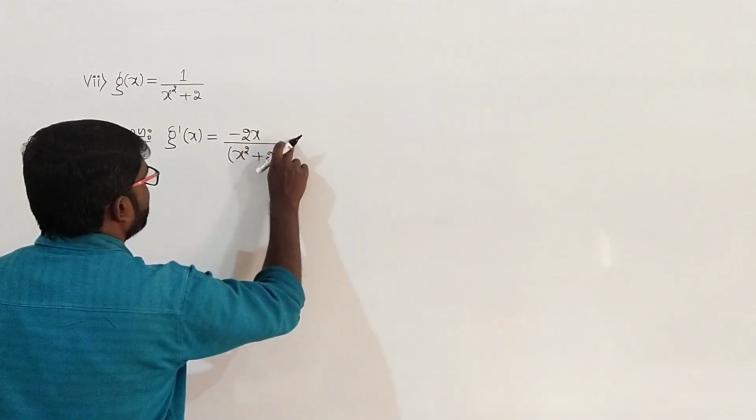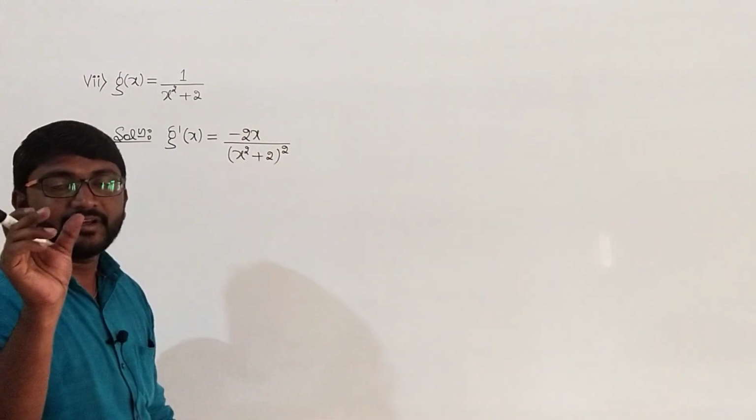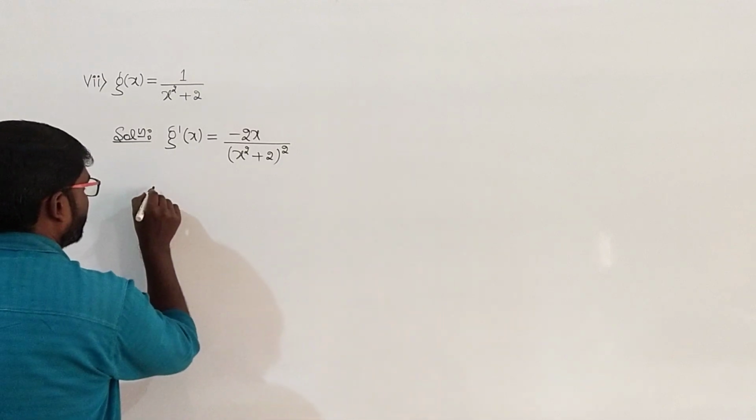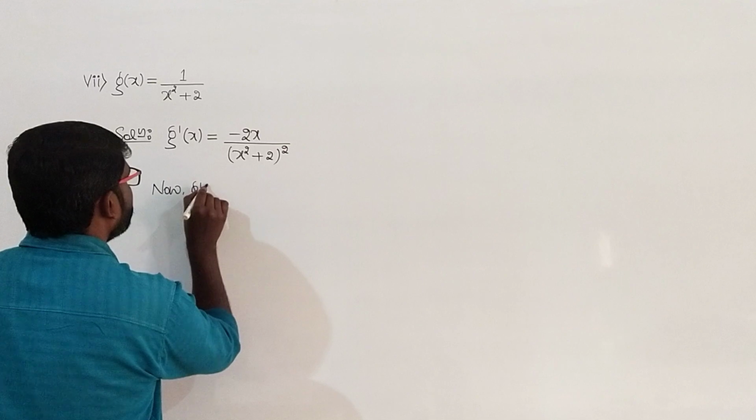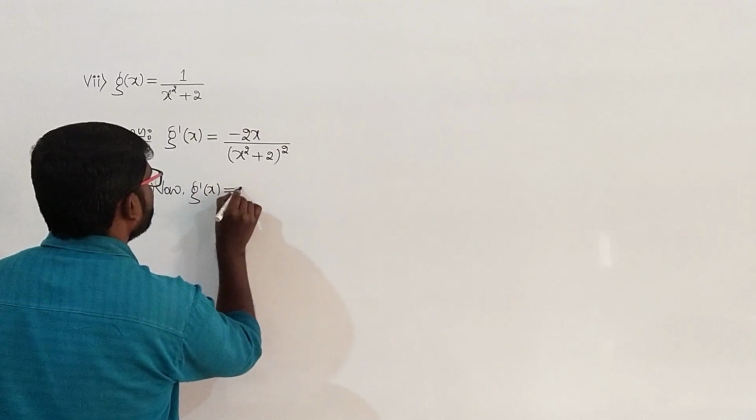Then to get the critical point, equate g dash of x with 0. Now g dash of x equal to 0.